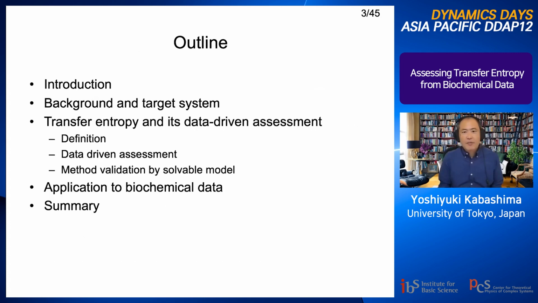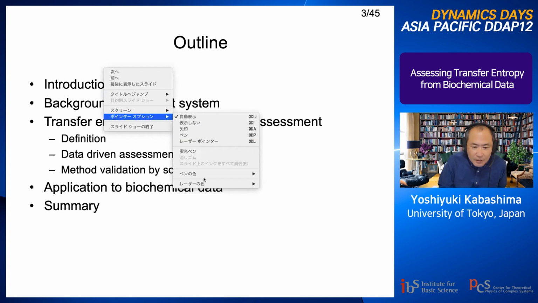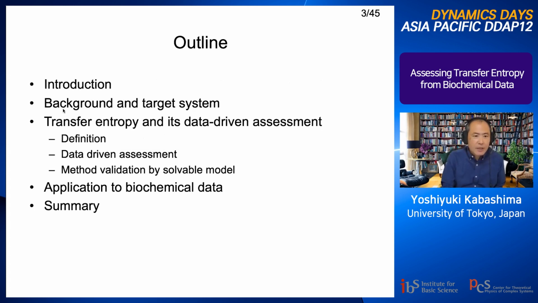So this is the outline of my talk. Next, I will introduce a background of my talk and introduce a target system. And the sub part is the main part.